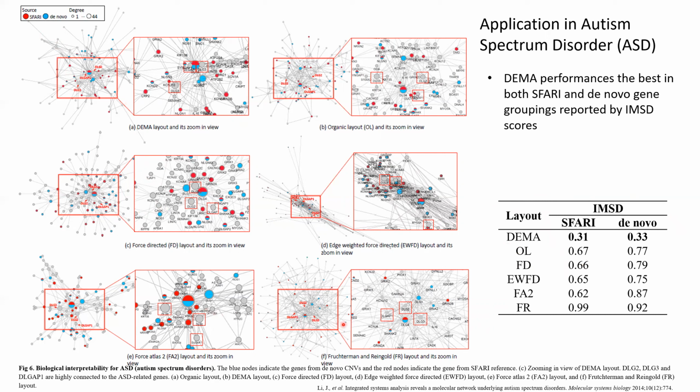There are three candidate genes, DLG2, DLG3, and DLGAP1, denoted by the red arrows and highlighted in connection to the hub genes in the center of the graph. These three genes are considered to be new candidates related to autism with literature support.